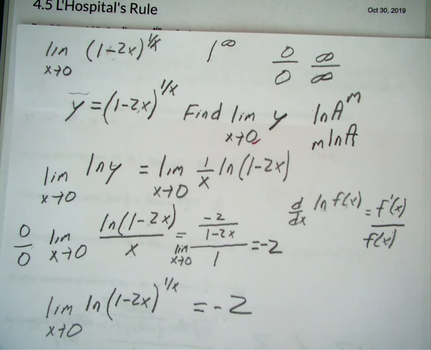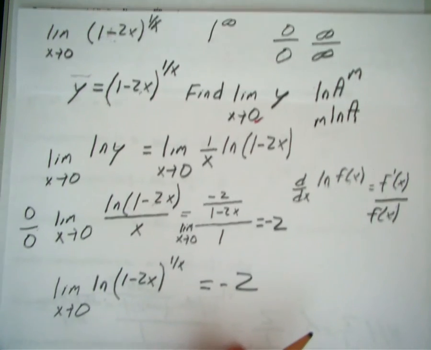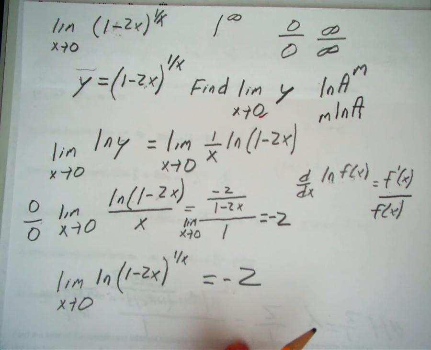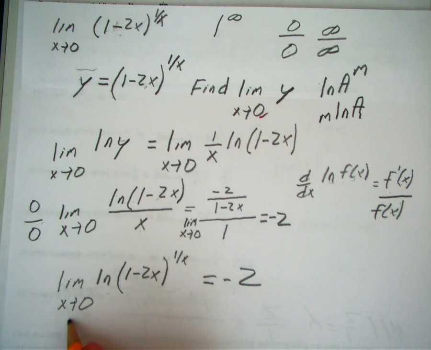So how do we solve this problem? Remember that e and ln are inverse functions. So what we can do is exponentiate. You can do that with any continuous function. We're going to exponentiate through this limit. As x approaches 0, e vaporizes the natural log because it's its inverse function.